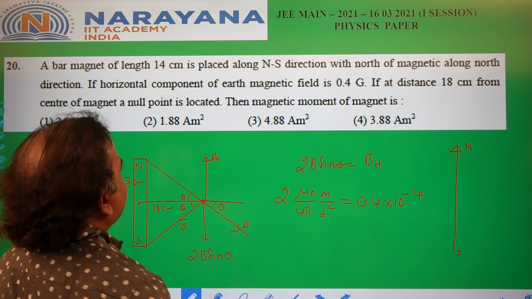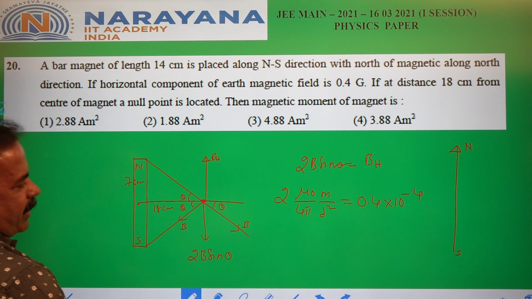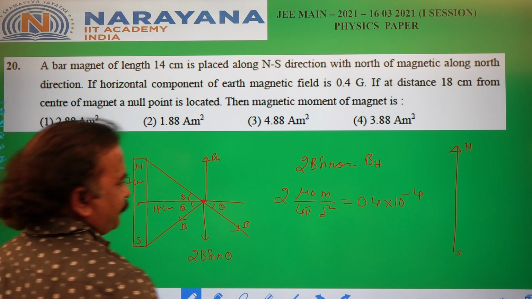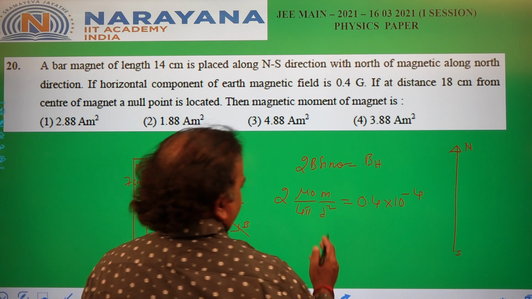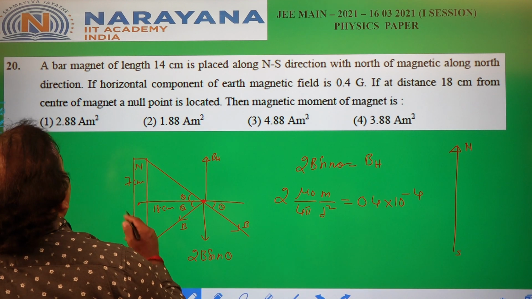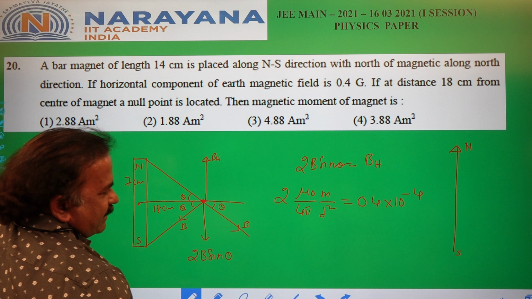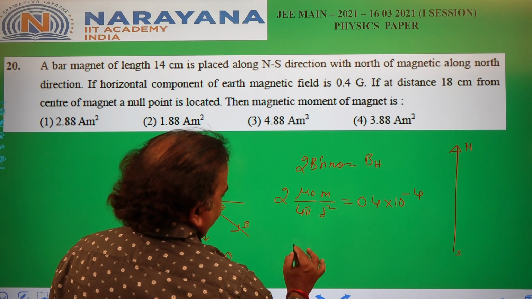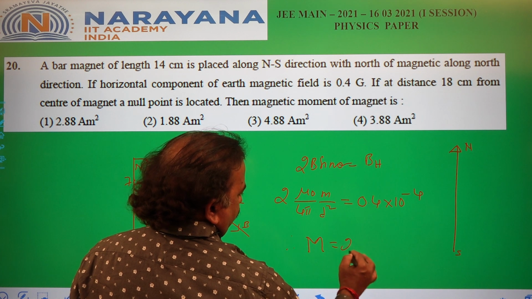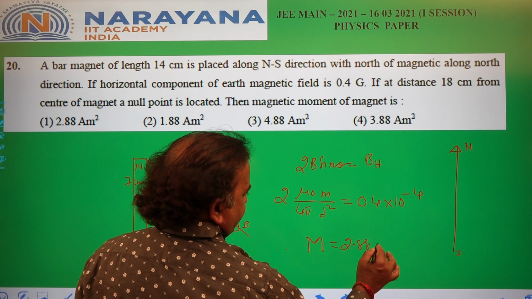What is it asking us? The magnetic moment of the bar magnet, capital M. So on simplification, you will get small m. After getting small m, you multiply with the length of the magnet. So what will be your capital M? Approximately you will be getting it as 2.88.